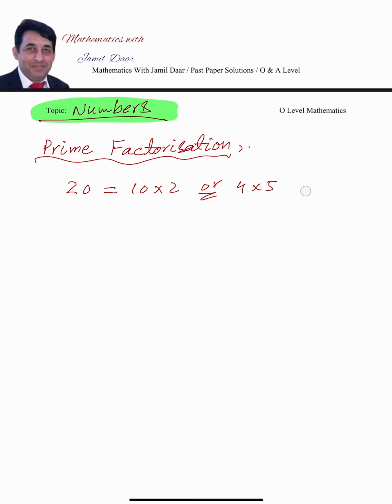So these are not prime factorization, because here one factor is 5, the other is 4, one factor is 2, and the other is 10. This 10 is not a prime number. Here the 4 is not a prime number, so this is not the prime factorization. To change 20 into a product of prime factors is called the prime factorization.